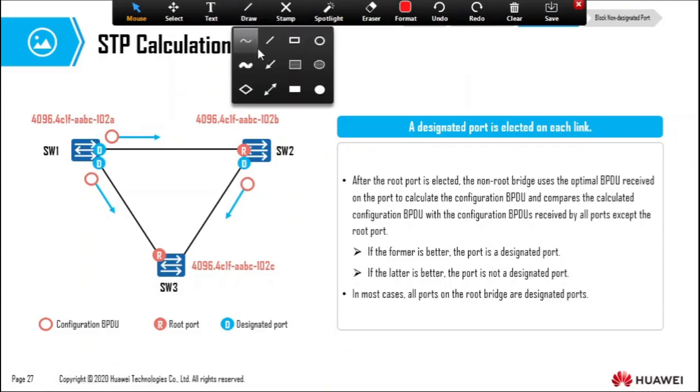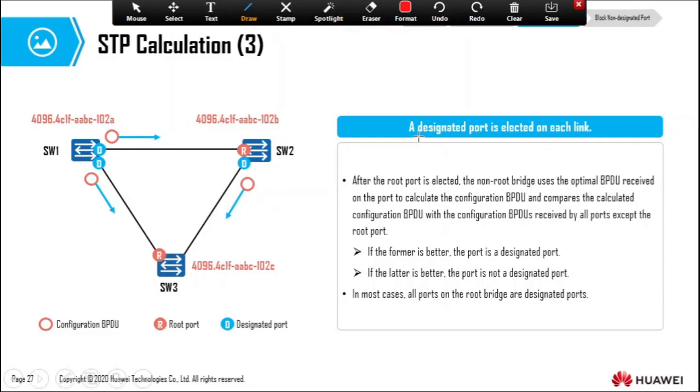Okay, designated port. After the root port is elected, the non-root bridge uses the optimal BPDU received on the port to calculate the configuration BPDU and compares it with the configuration BPDU received by all ports except the root port. If the former is better, the port is designated.